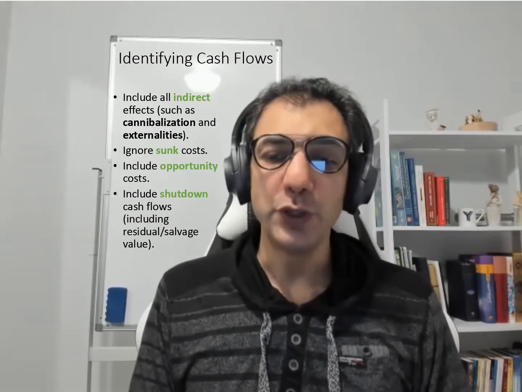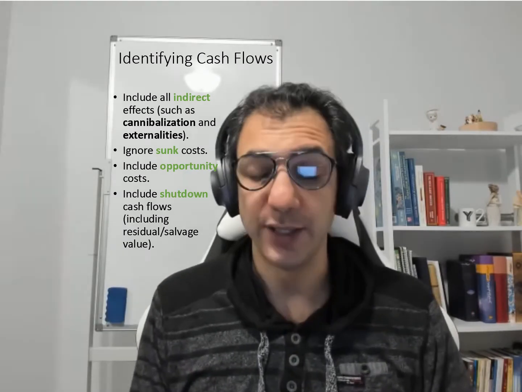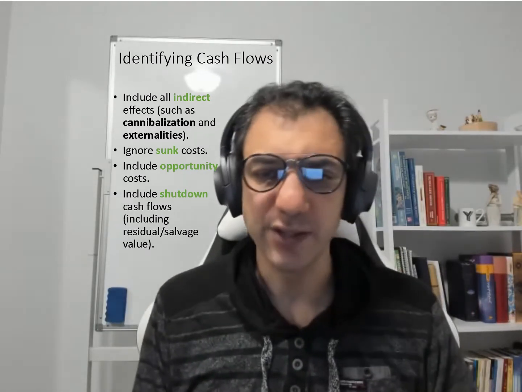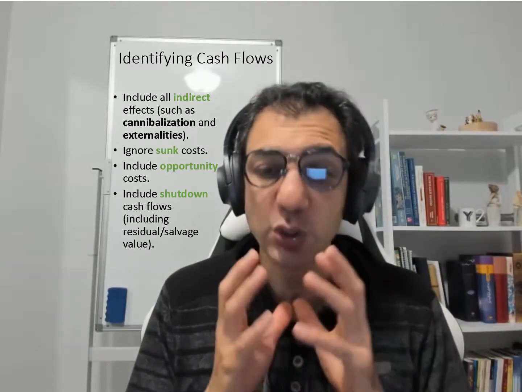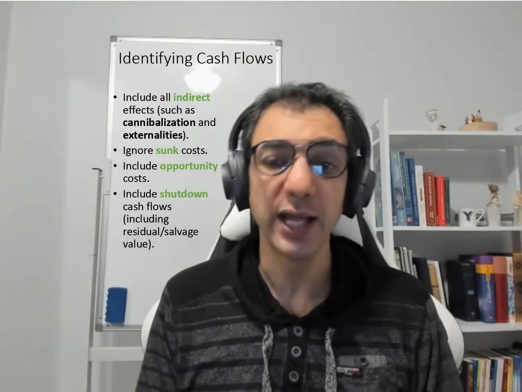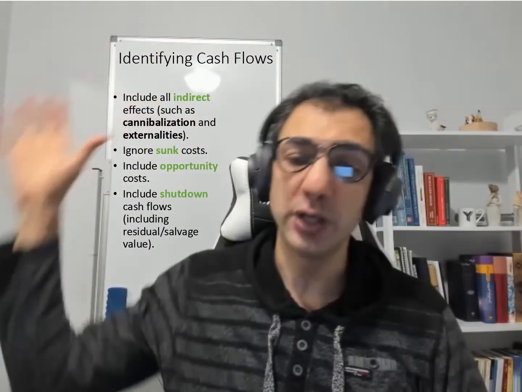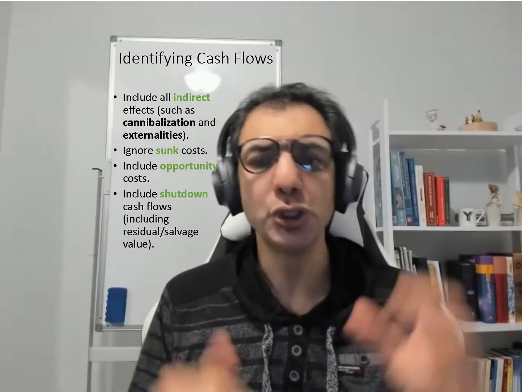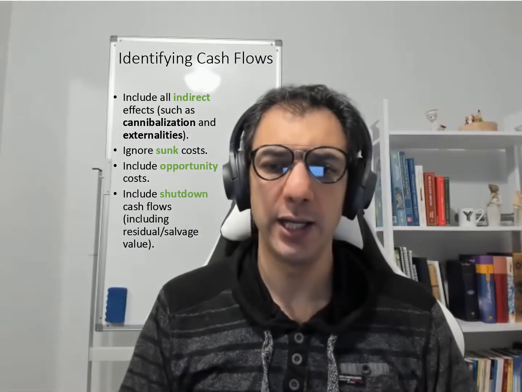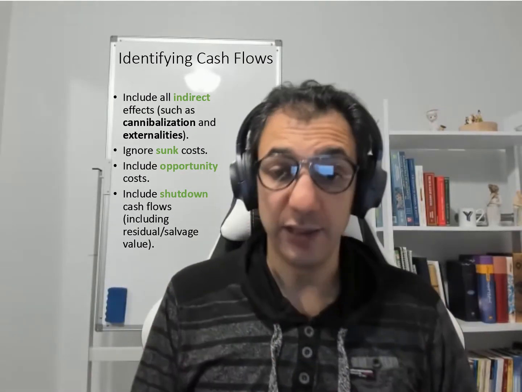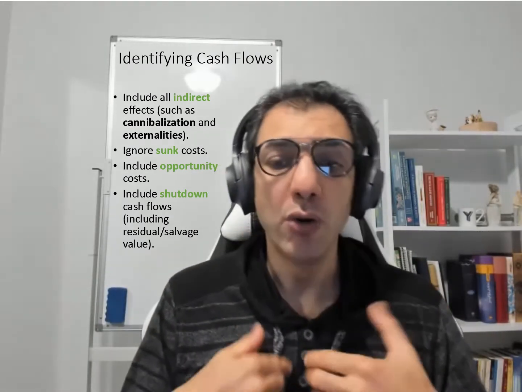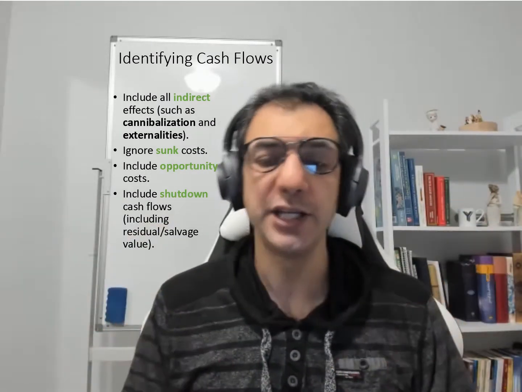Another cash flow which you should consider is the sunk cost. Maybe you ask, what is the sunk cost? Those are costs which are not associated directly with the project. They already happened sometime in the past. For example, last year you paid $10,000 to renovate a building. Now you decide to run a new project using this building.